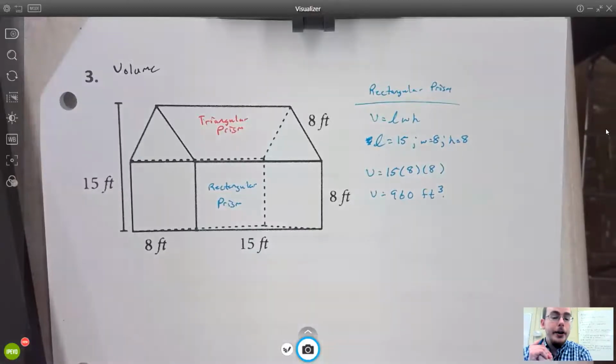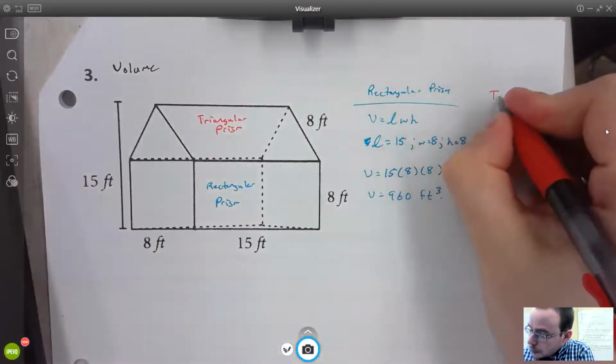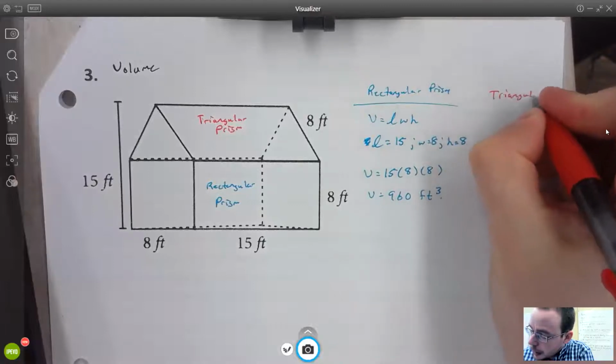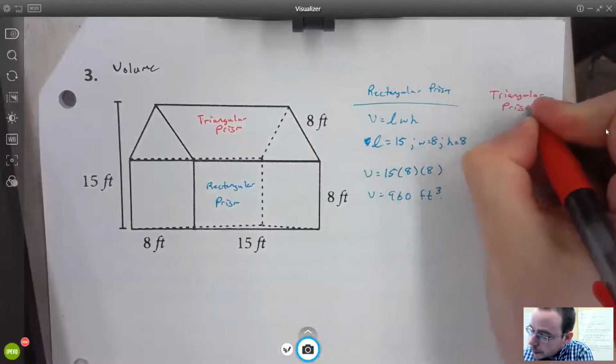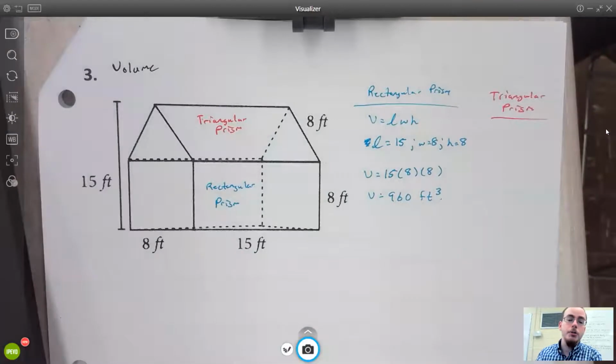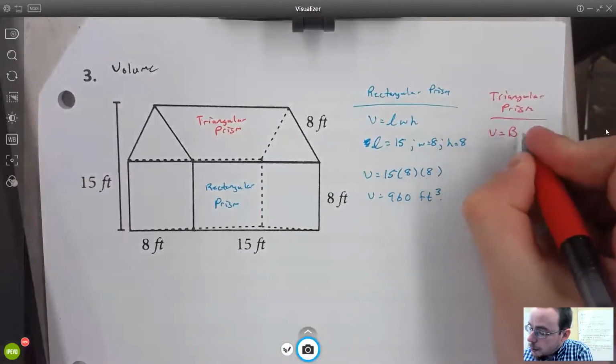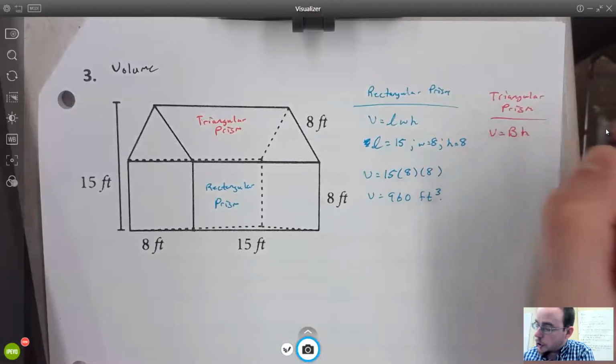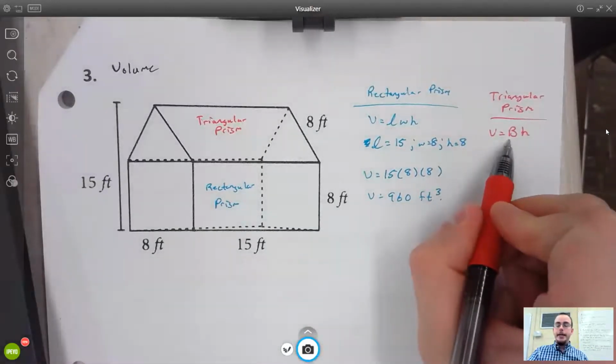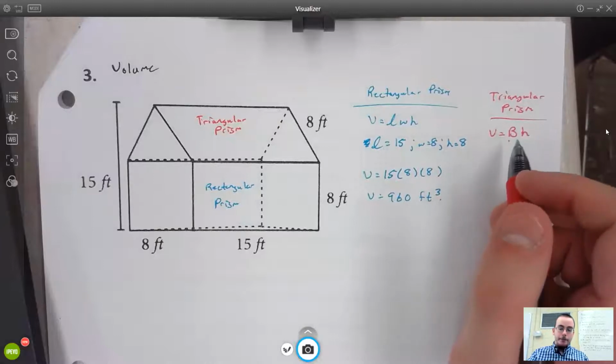Now, to find the volume of the triangular prism, it's a bit more complicated. So to determine the volume of a triangular prism, your volume is simply given to you by capital B times H. Now, B is the base area.